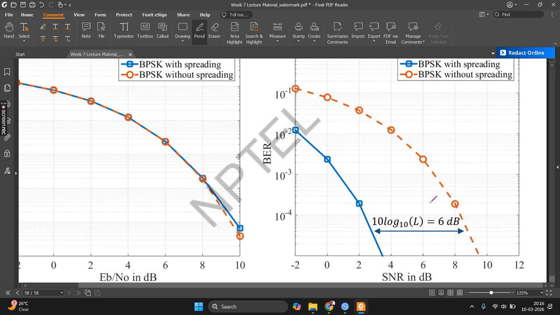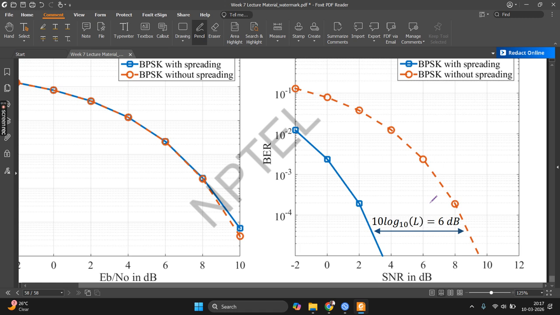Because it is distributed over a larger bandwidth, it is more spread out, so you will have more decision opportunity. But without spreading, your SNR is not spread out. It is restricted in a particular band, so your BER is much higher.